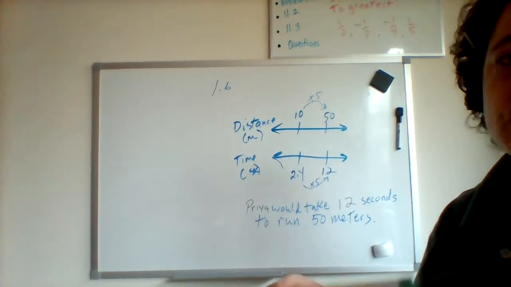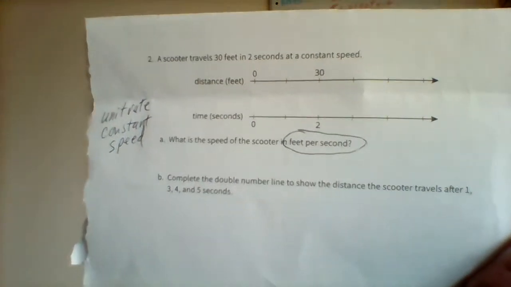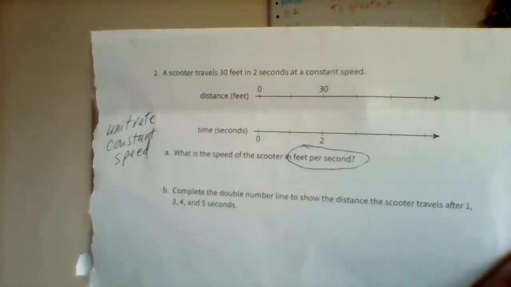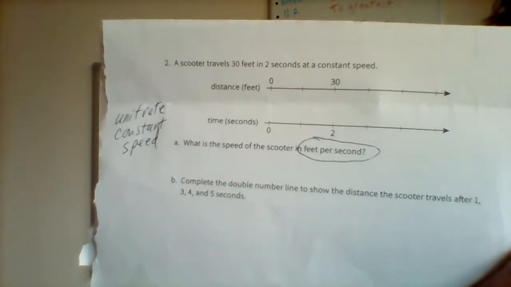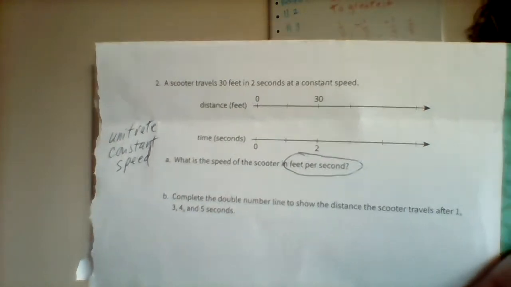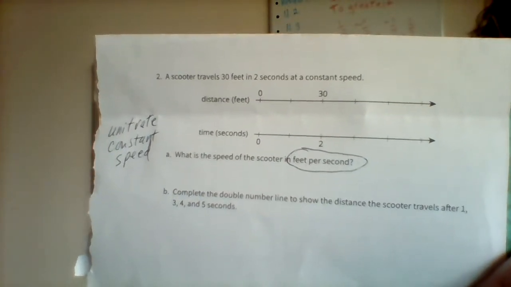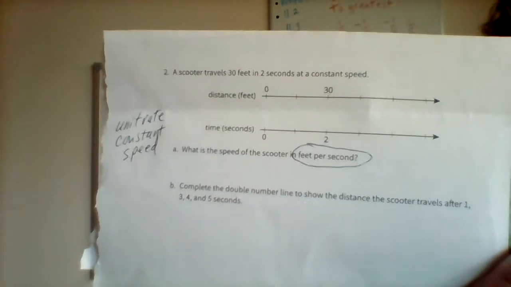Number two, I didn't just classify this as ratios. I got a little bit more specific. I classified it as a unit rate. Why did I do that? I circled it. It's looking for feet per second. That's for 1 second.